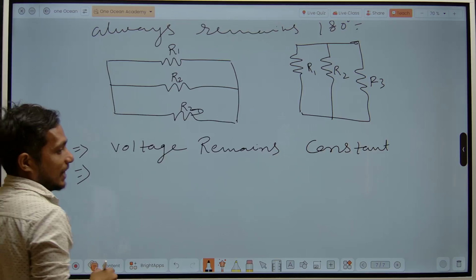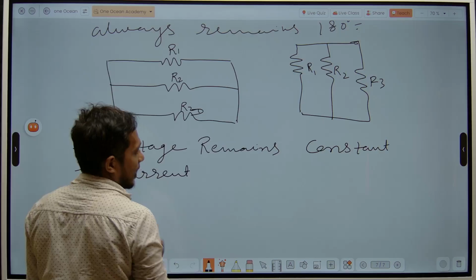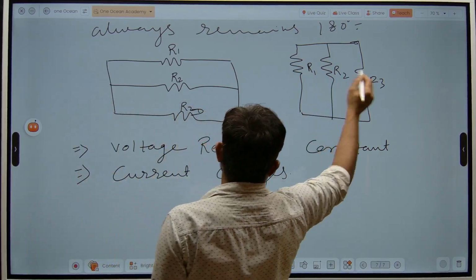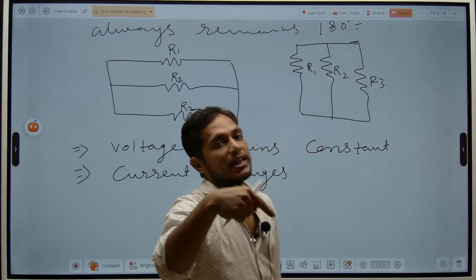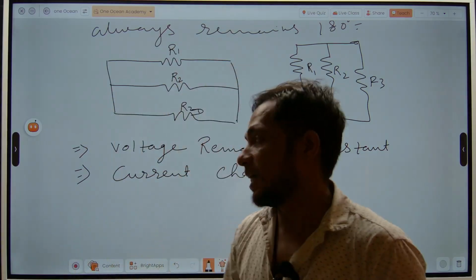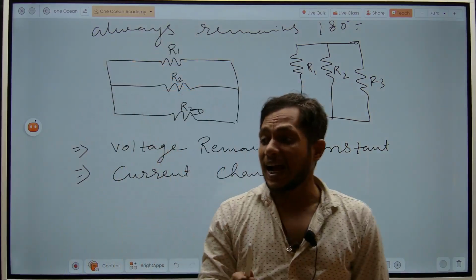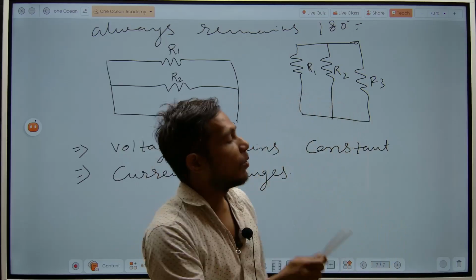Current changes. So, for each and every resistor, there will be a different current, depending on the value of the resistor provided here. And in the case of the series connection, for each and every resistor, current will be constant, but voltage will be different for each resistor. Okay.